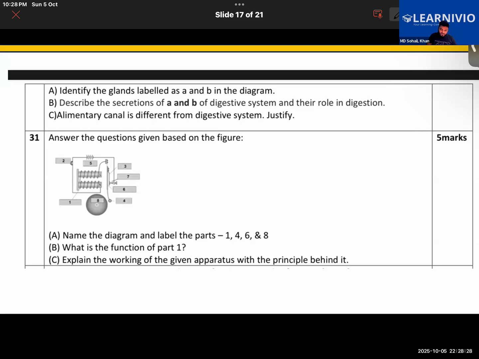From our mouth, this starts. Next is the esophagus. Then the stomach.